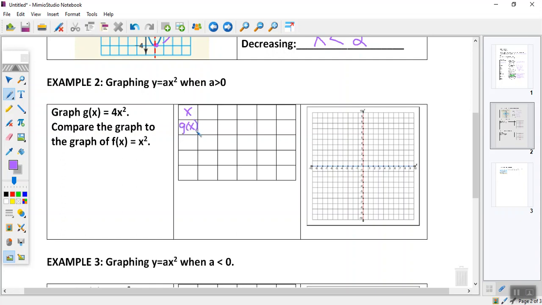And let's go x right here and f of x right here. All right? So in example 2, we are graphing y equals ax squared when what, kids? A is what? Greater than 0.